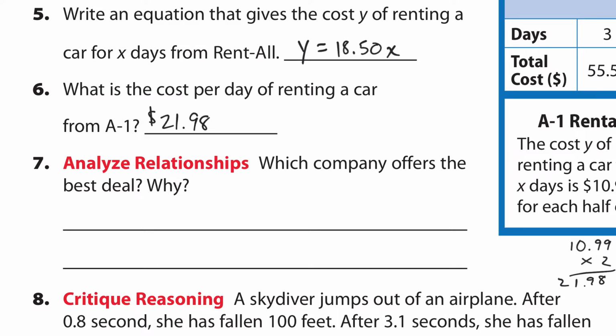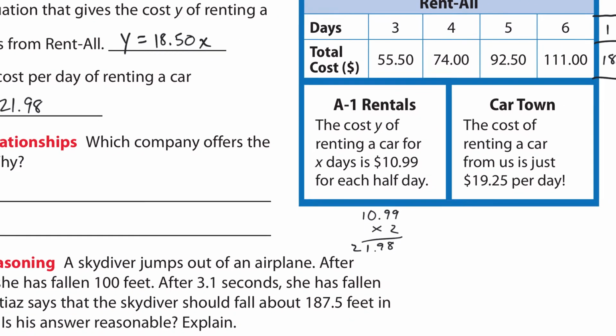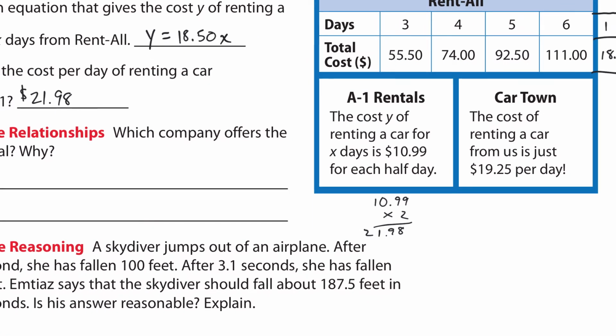Okay, which company offers the best deal and why? Well, this is the cost for 1 day from Rent All, and this is the cost for 1 day for A1. We're comparing: $19.25 for 1 day for Cartown, $18.50 for Rent All, and $21.98 for A1.